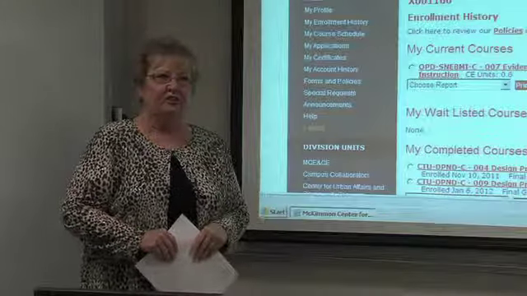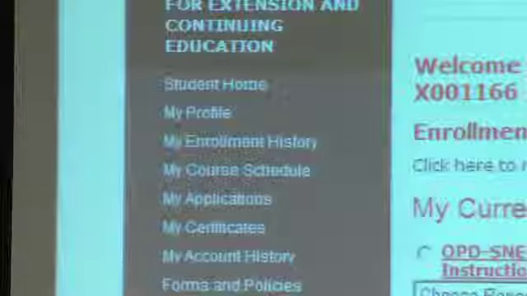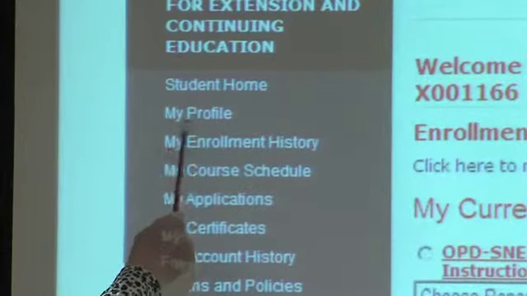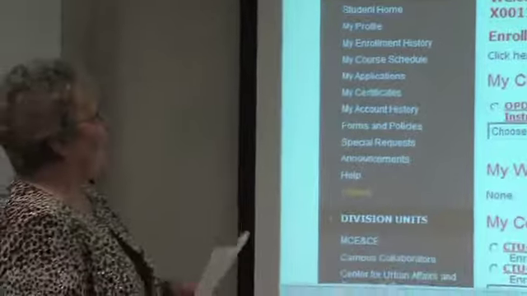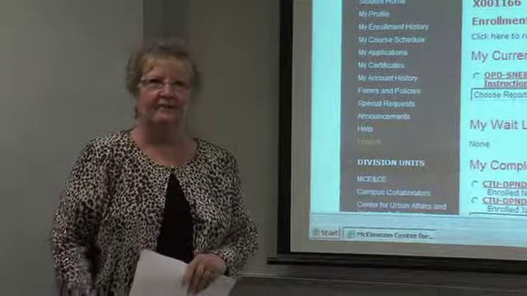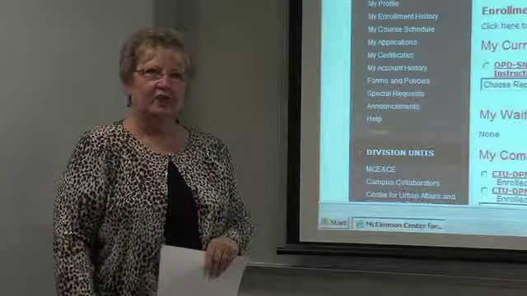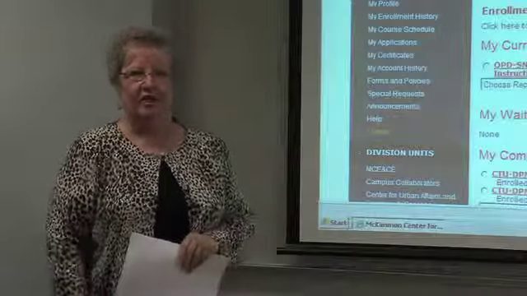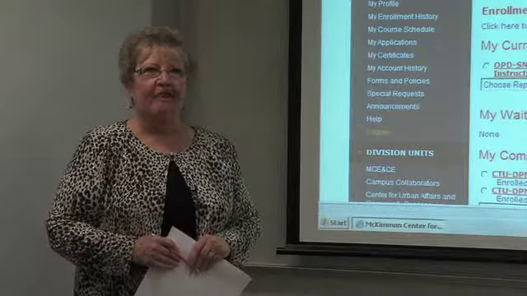And if any of that changes, you need to go into the system and change that, because that is your account. That is your student profile. This is where all your information is stored. Your name, your address. If your name changes, if you get married, please go back into that and change your name. If your employer changes, please go in and make that change.